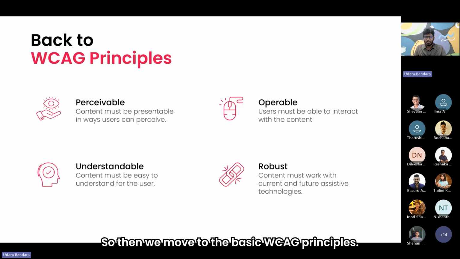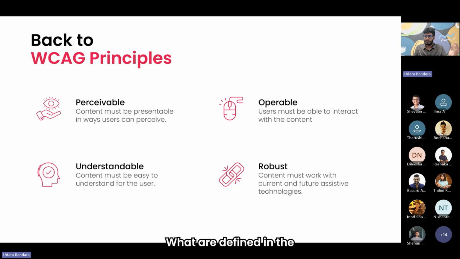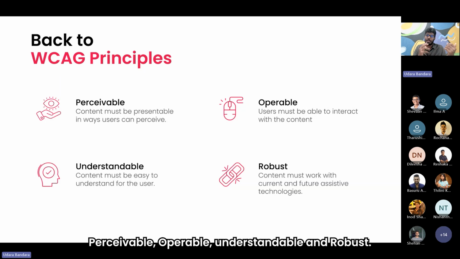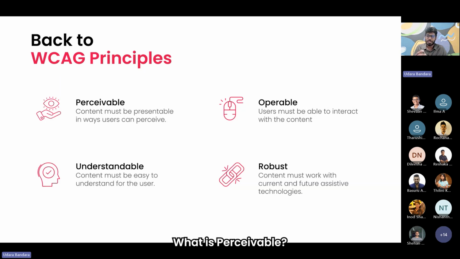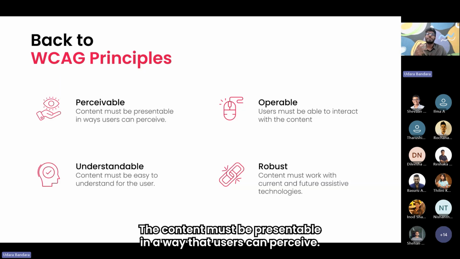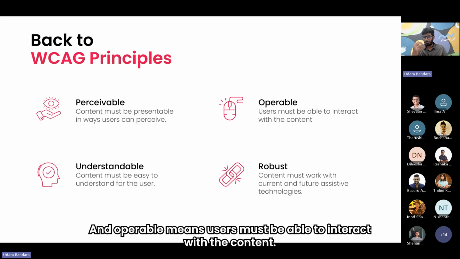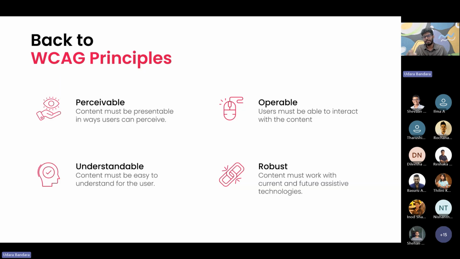Then we move to the basic WCAG principles defined in the Web Content Accessibility Guidelines: perceivable, operable, understandable, and robust. Perceivable: the content must be presentable in a way that users can perceive. Operable means users must be able to interact with the content.